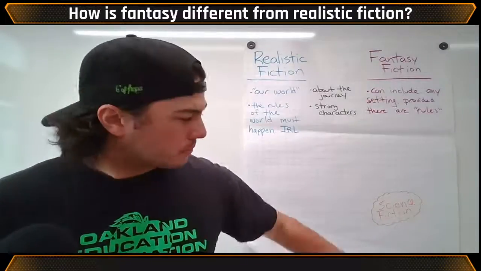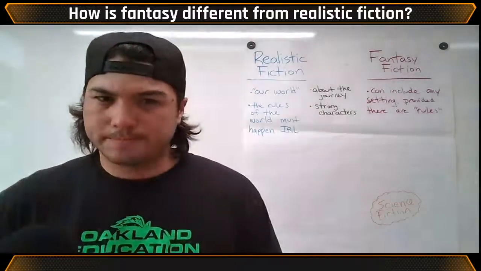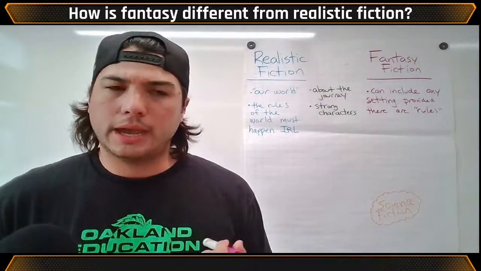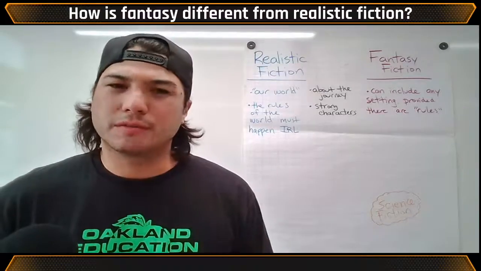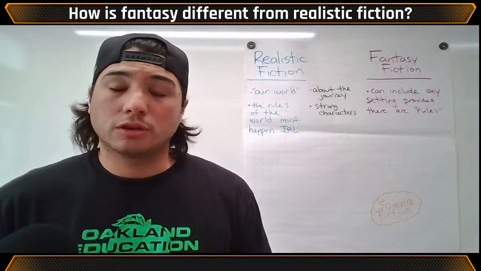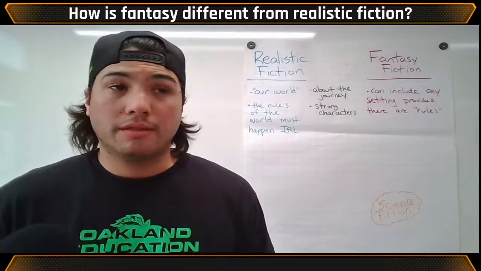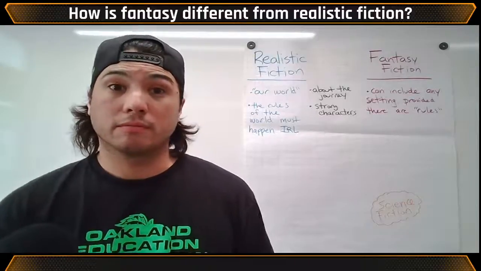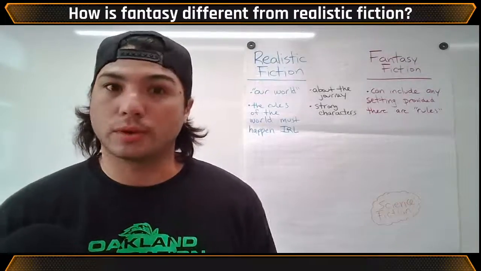And I put science fiction down here at the bottom because there is a difference between fantasy and science fiction, but in terms of building a world, they are similar in that they're both kind of fantastic in that they're not realistic worlds.